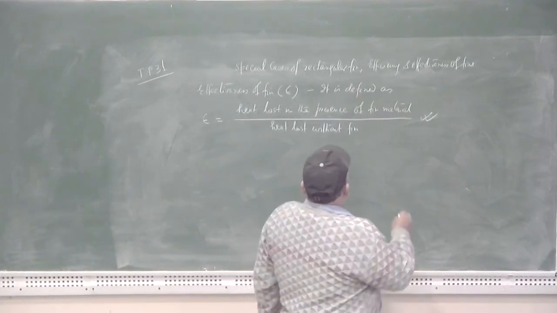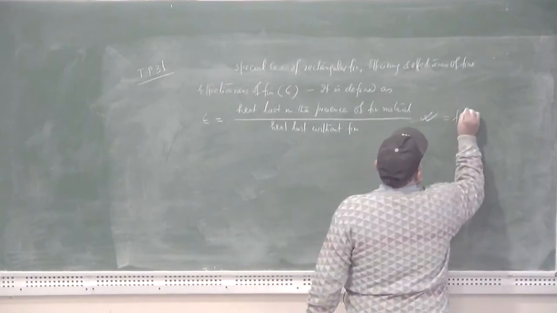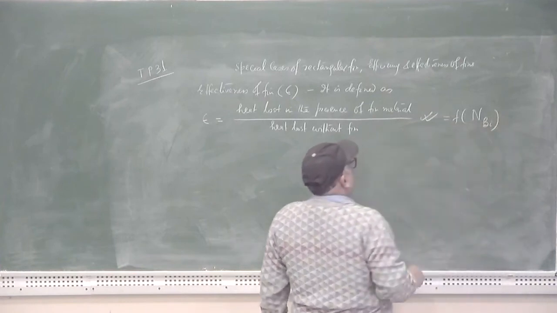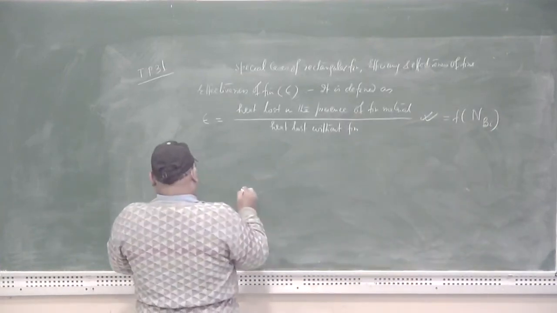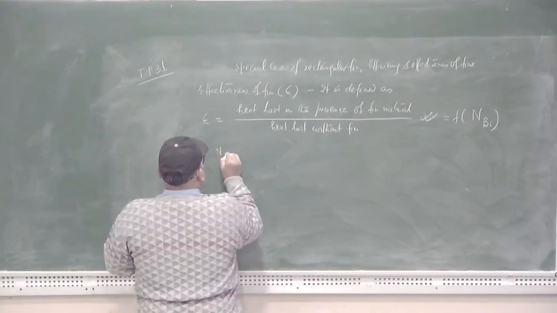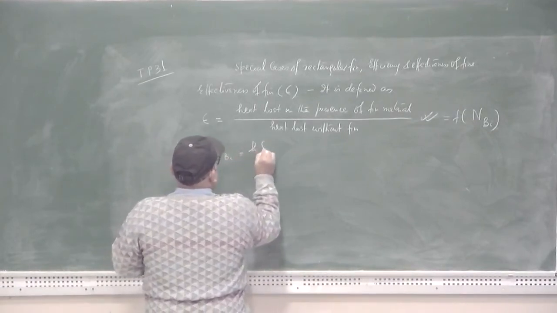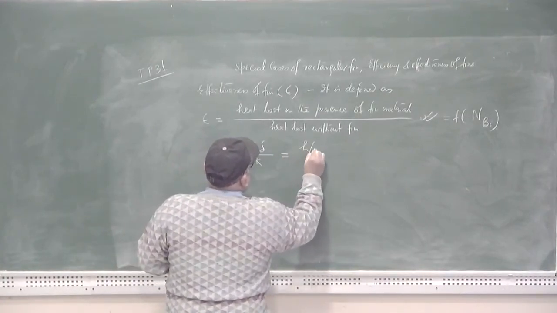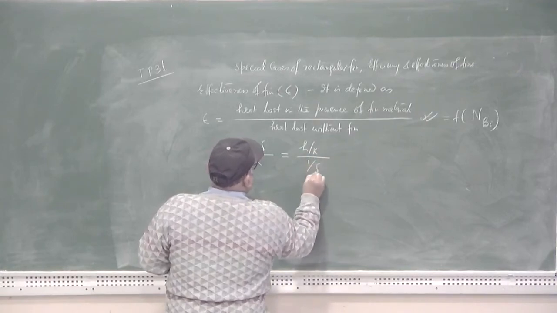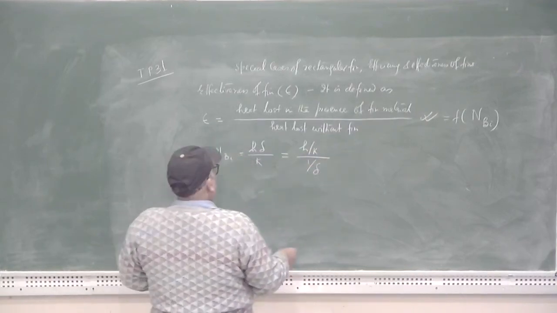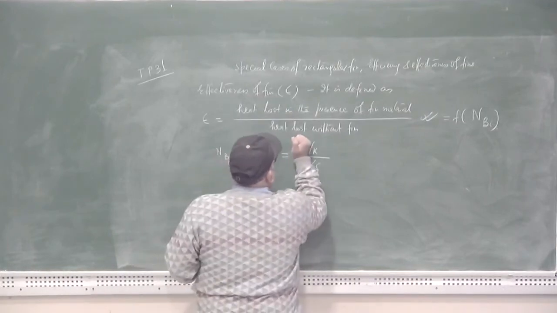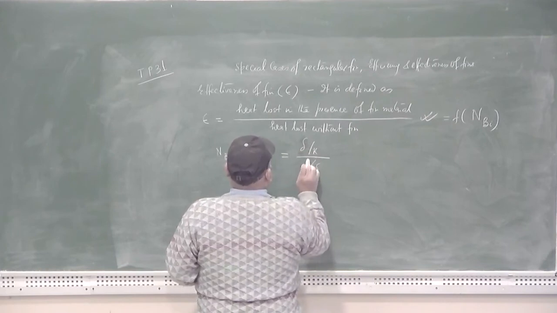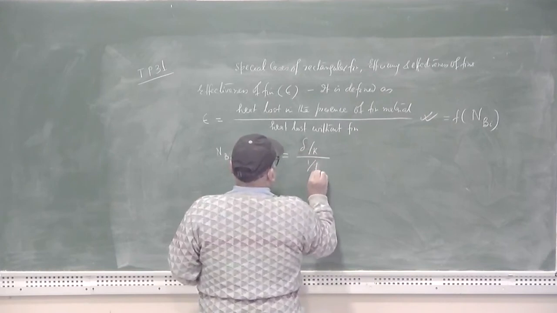So this ratio is a function of the Biot number. The Biot number is defined as h delta by K. It can be written as delta upon K divided by 1 upon h.